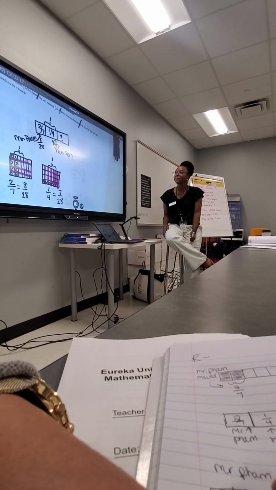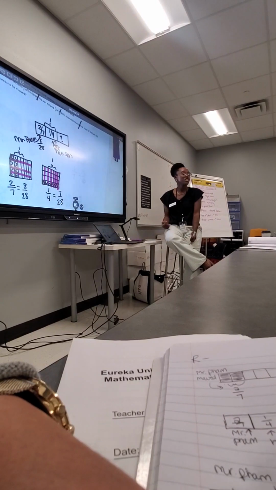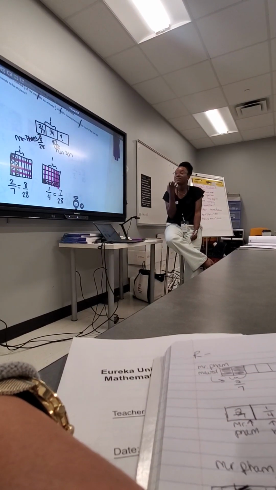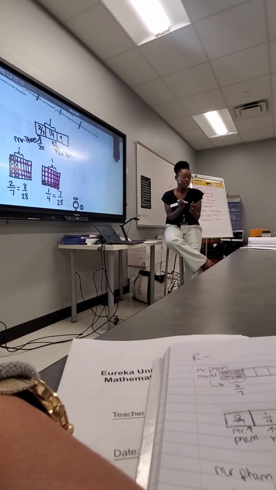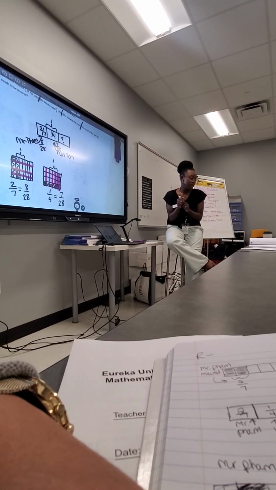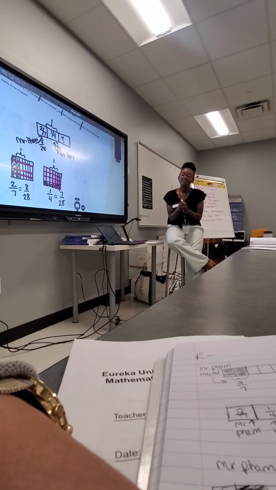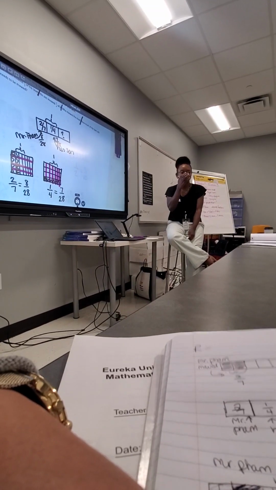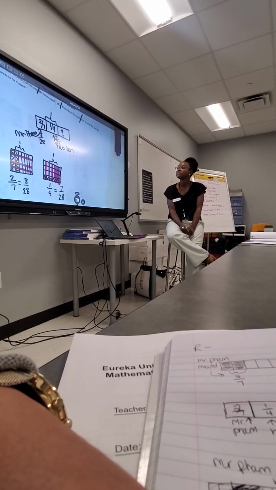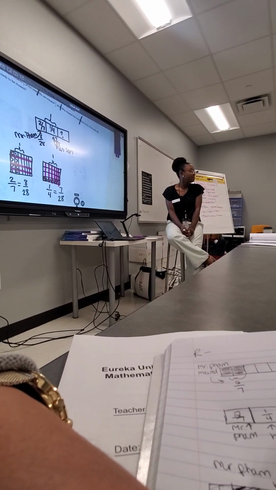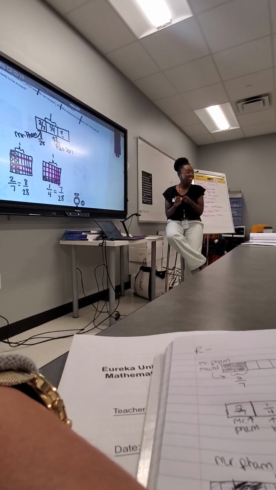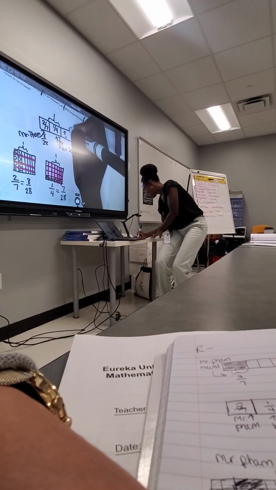Combine them. So now we have like units. So now we can add our 8/28 plus 7/28 to find what's left over. Let me know what you get. What'd you get? 13/28, right?